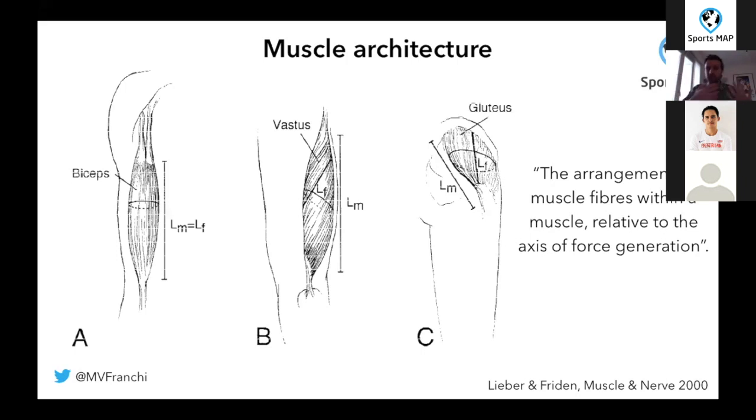Obviously, the architectural and anatomical features will change, but within individuals of the same species there is a lot of similarity. And this makes us think that maybe there are certain constraints that determine muscle architecture.